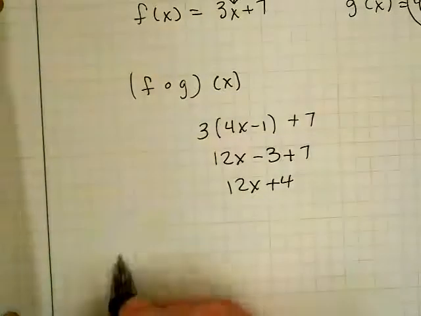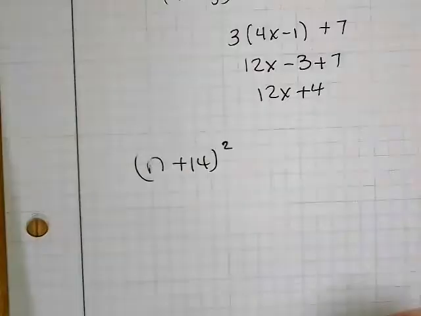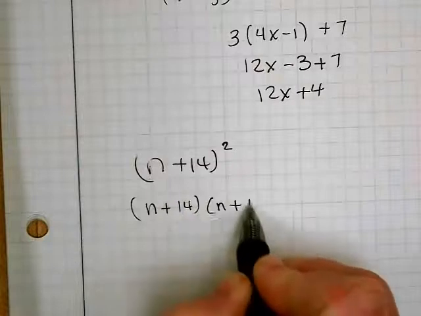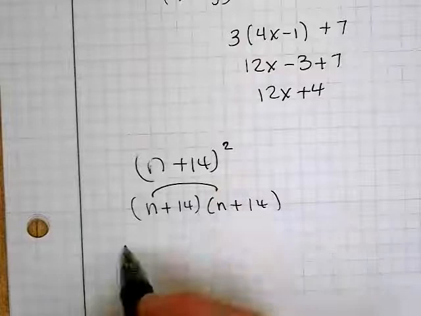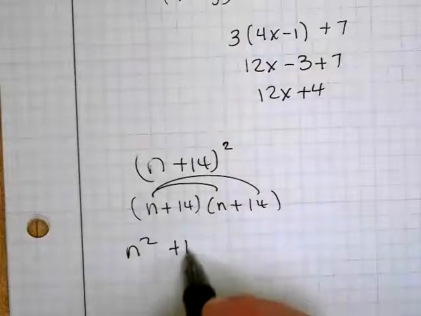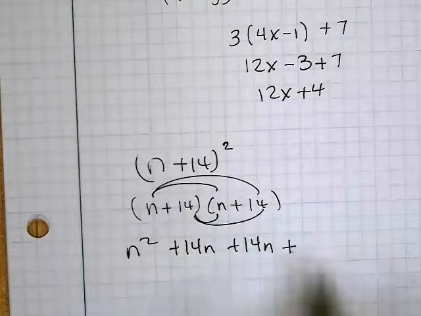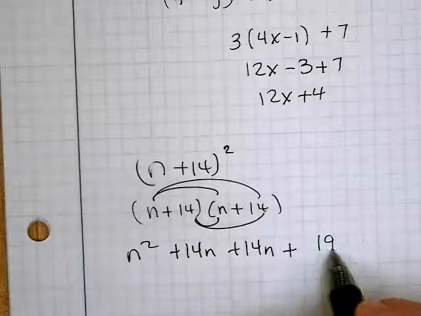26, n plus 14 squared. What that really means is n plus 14 times n plus 14. N squared plus 14n plus 14n plus 196.